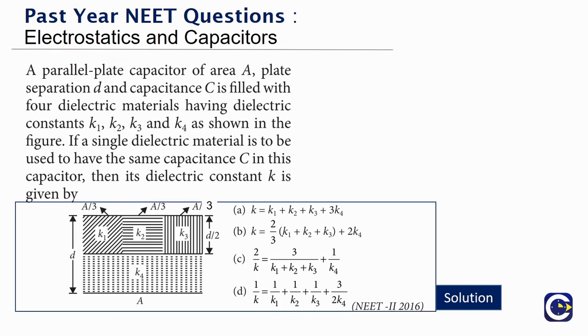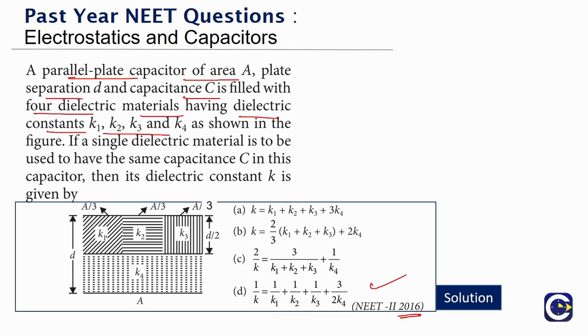Next we have a question that has come in the NEET paper 2 of 2016. This is based on the modification of the capacitor. A parallel plate capacitor of area A and plate separation D has got a capacitance C, and this is filled with 4 dielectric materials having dielectric constants K1, K2, K3 and K4.